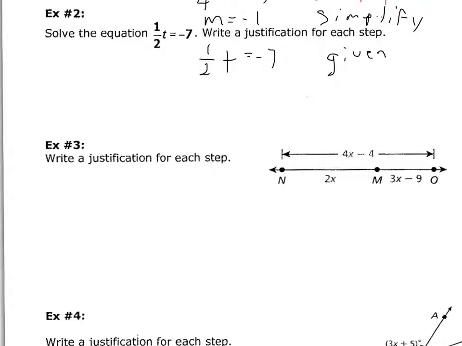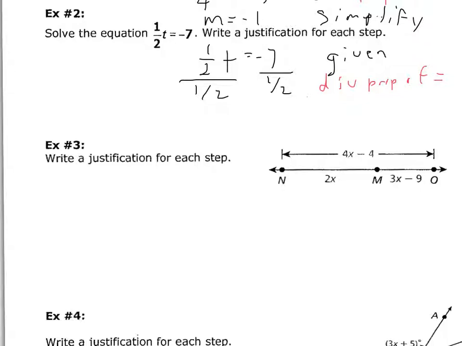Now to solve that equation, 1/2 times t, you want to undo multiplication with division, so you're just going to divide each side by 1/2. And the reason you can divide, just like the one up top, you're using the division property of equality. Division property of equality helps us solve that one.